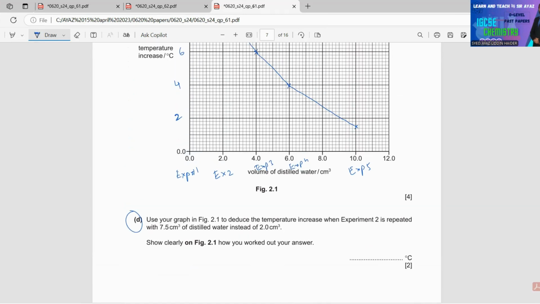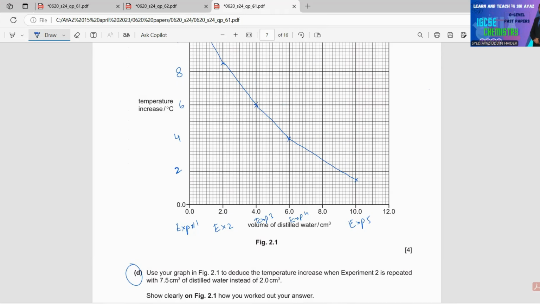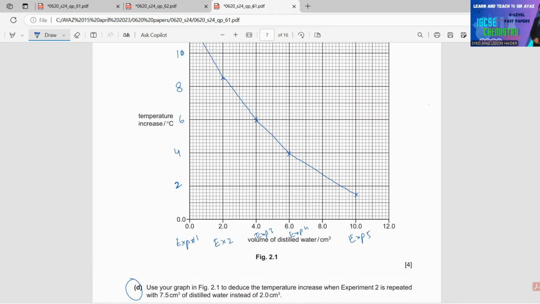Now, if you're repeating experiment 2 with 7.5 centimeter cube of distilled water instead of 2. So the volume of distilled water is 7.5. It must be here at this point.